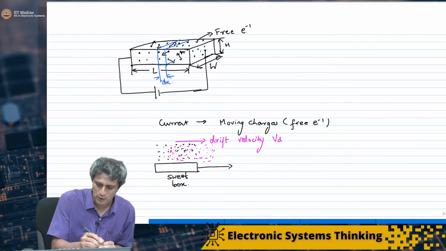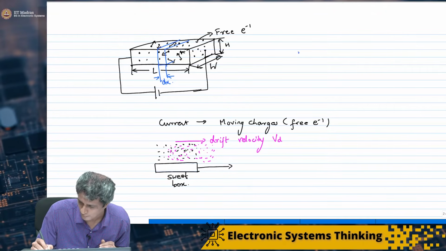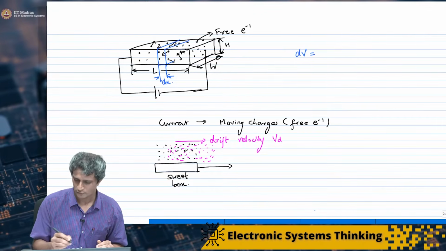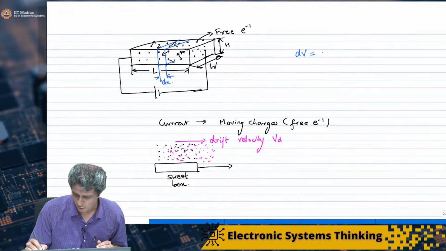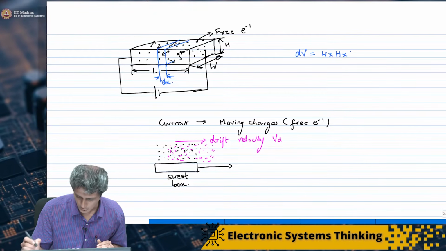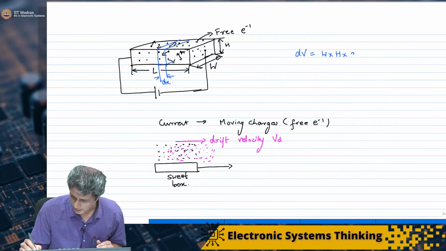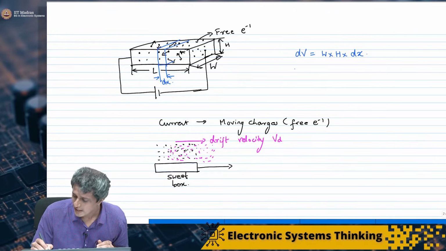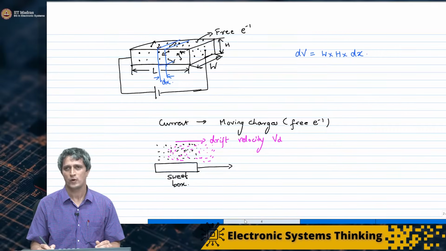So if I look at this elemental volume dV of the conductor, it is going to be W into H into dx. And how many free electrons do I have there?